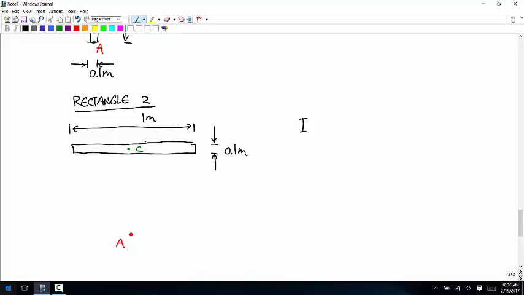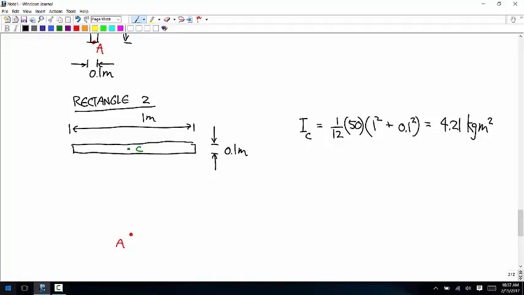So the moment of inertia of this about the center is the same as rectangle 1 was. 1/12 times 50 times the quantity 1 squared plus 0.1 squared. And that's 4.21 again. That's the moment of inertia about the center of that rectangle.